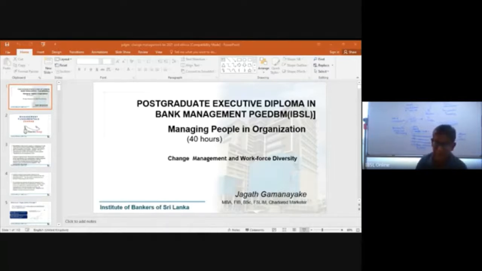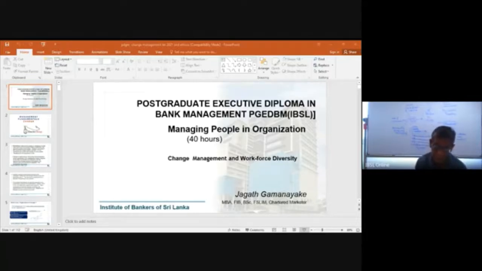Then we discussed the reasons for resistance. Under reasons, we discussed 3 methods. What are the methods we discussed? The first one is resistance to change because of psychological factors or maybe economic factors. And then we discussed resistance to change due to job factors, and then due to social factors or maybe personal factors.